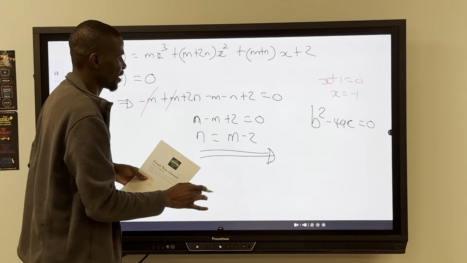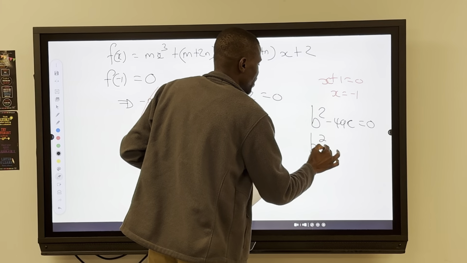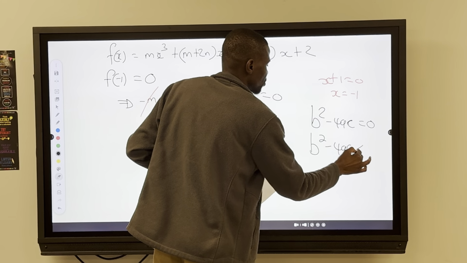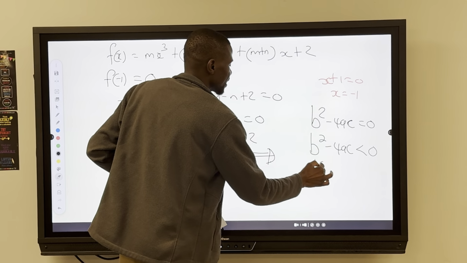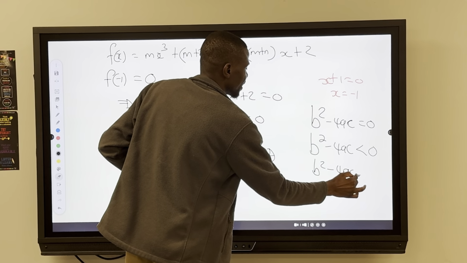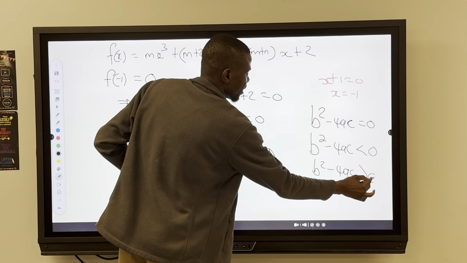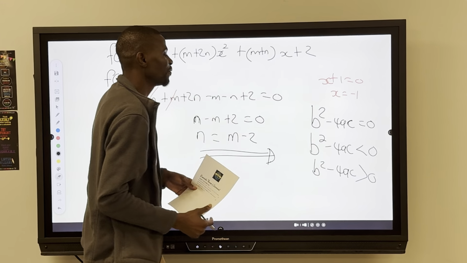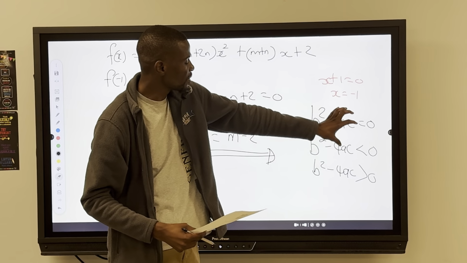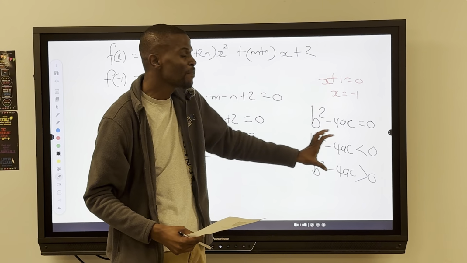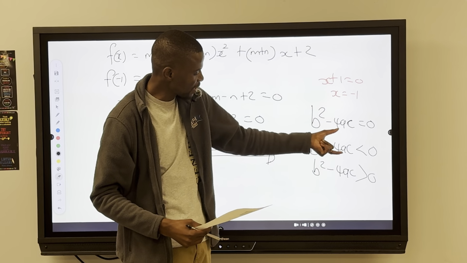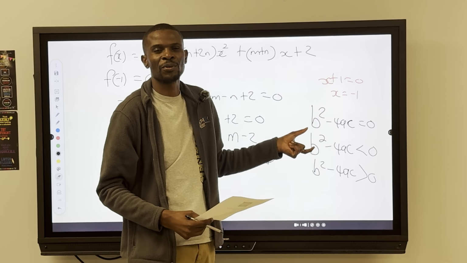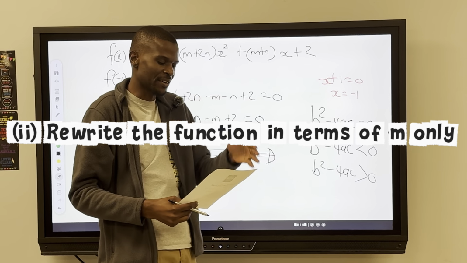Then the remaining quadratic part, b squared minus 4ac, should be less than 0. So when we have distinct and real roots, this will be greater than 0. When we have equal roots, it's equal to 0. When we have imaginary roots, it's going to be less than 0. So this is the concept. That's the part we are going to use because the other two are imaginary, right?